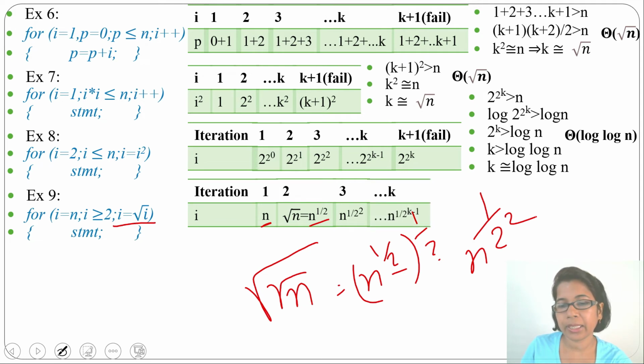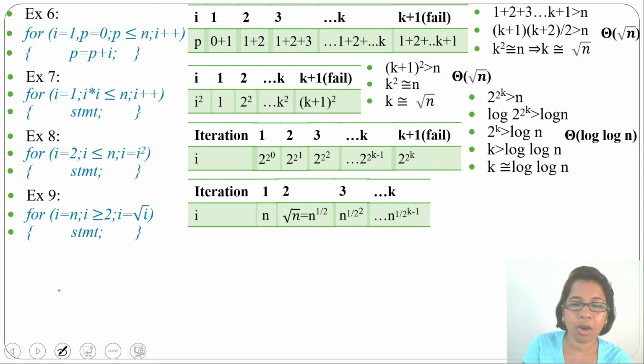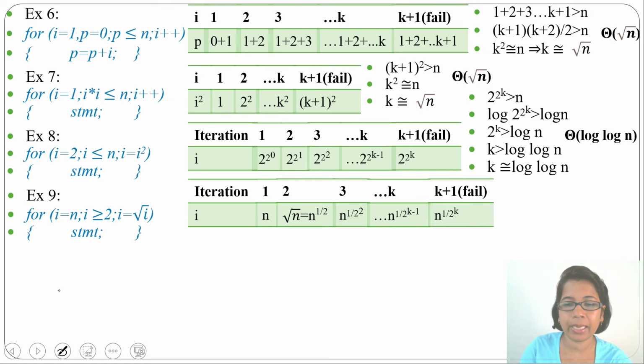Like this, for k iteration, i value will be n power 1 by 2 power k minus 1. Up to this it will work. For k plus 1 iteration, it will fail. So for k plus 1 iteration, i value will be n power 1 by 2 power k.